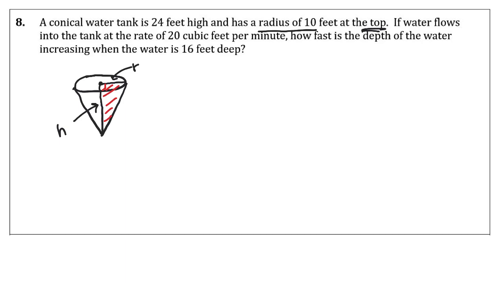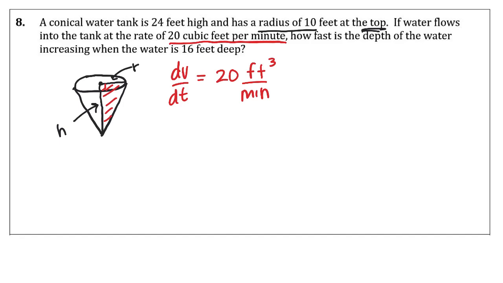If water flows into the tank, so that's going to be a volume, and it's how that volume is changing because it's flowing into the tank, cubic feet per minute. So I know that's dV/dt, 20 cubic feet per minute. How fast is the depth of the water increasing?